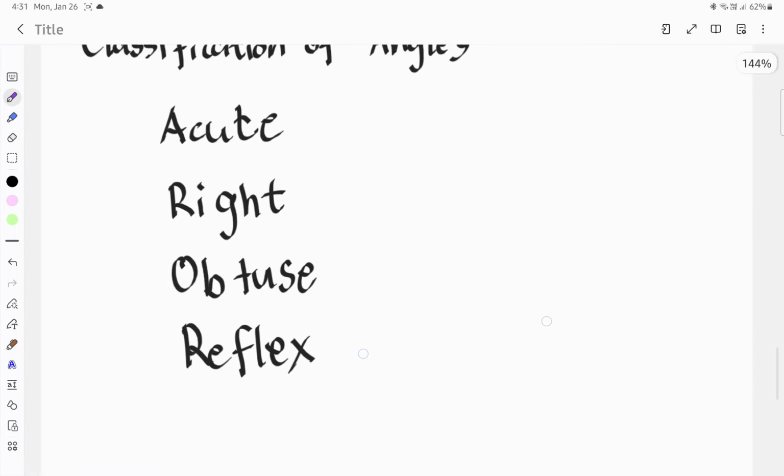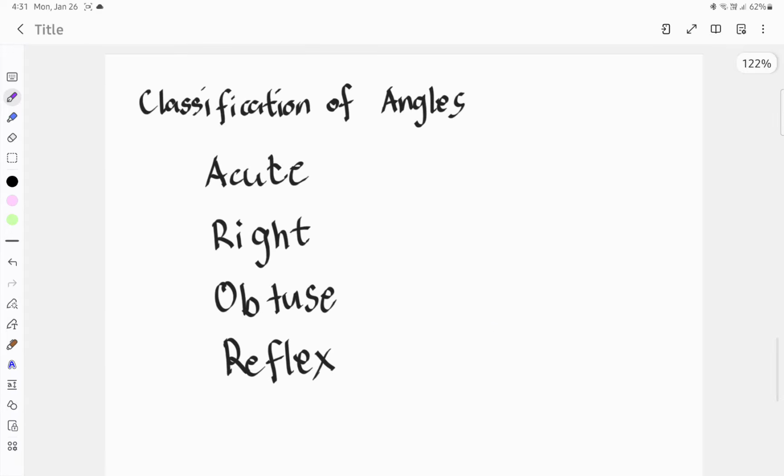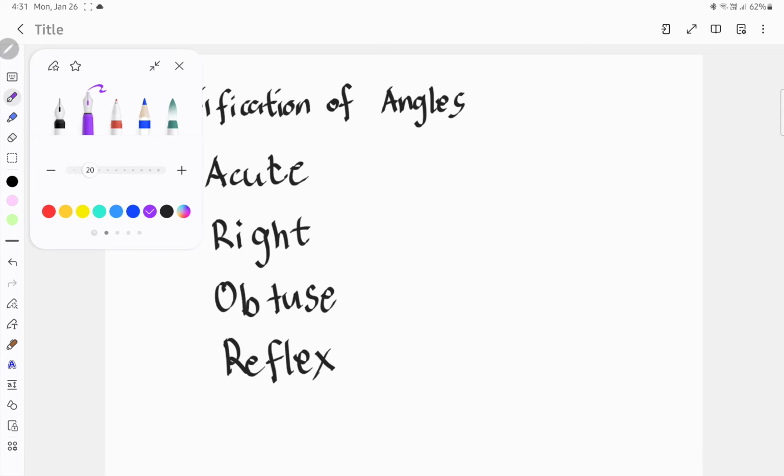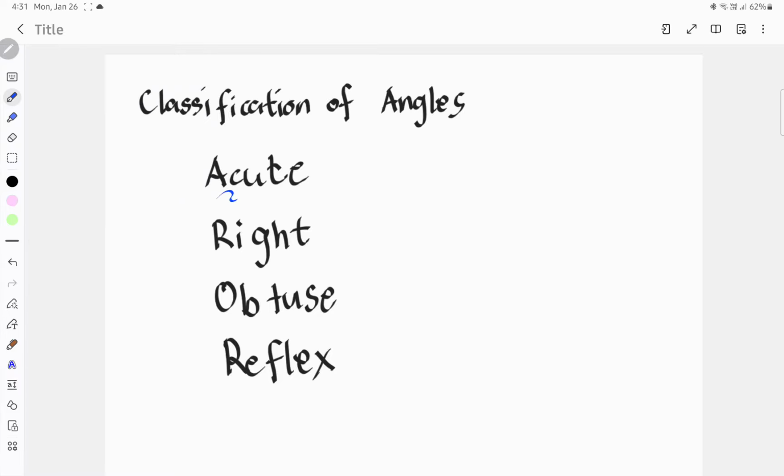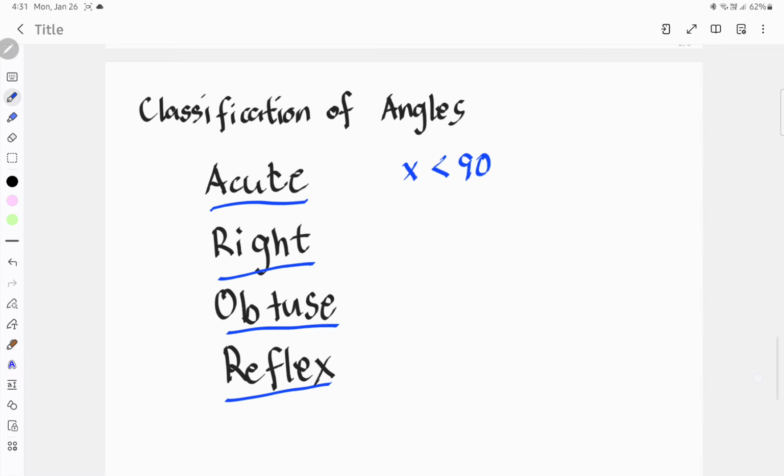Now, let's have another one. Let's go with the classification of angles. Before that, let's look at the following: acute, right, obtuse, and reflex. When we say acute, the angle should be less than 90, so any measure less than 90.